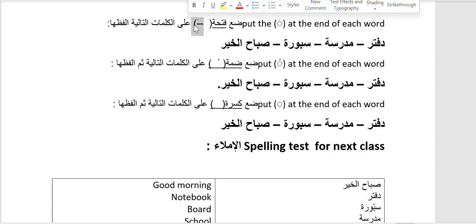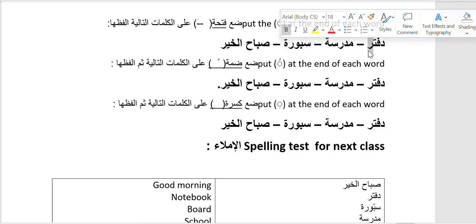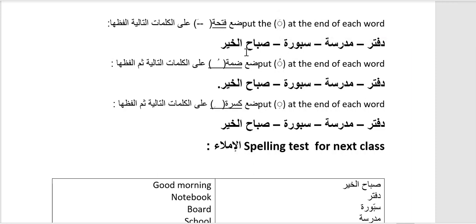So now we are doing fatha. We're going to put this fatha on the top of the last letter, and then we try to pronounce the ra. Daftara, madrasata, saburata, sabaha, al-khayra. This is how we should pronounce it when we put fatha on the top.